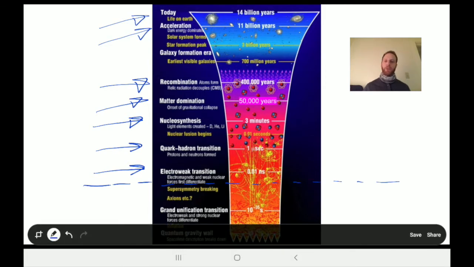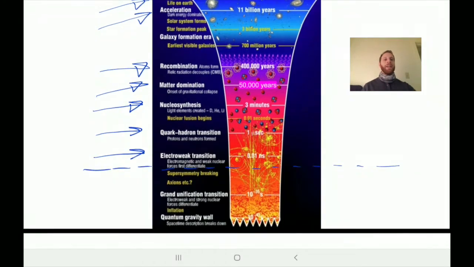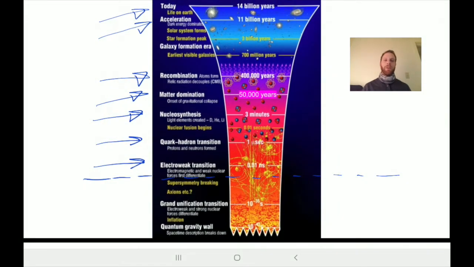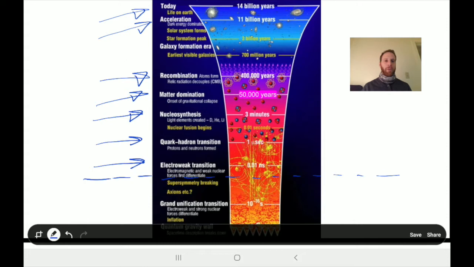Things that are even earlier, at energies higher than several hundred GeV, are not that well tested, or perhaps not even tested by our modern particle accelerators. So things to do with supersymmetry or axions or anything earlier, like grand unification or quantum gravity, we have no experimental evidence for whatsoever. So those are, I think I could fairly say, a bit more speculative.